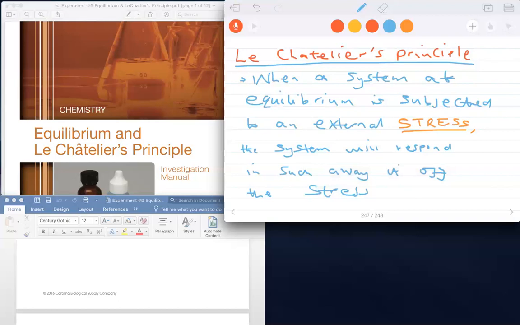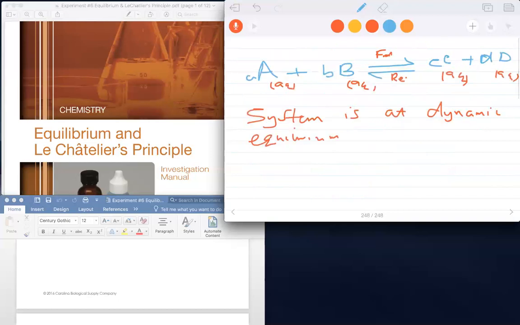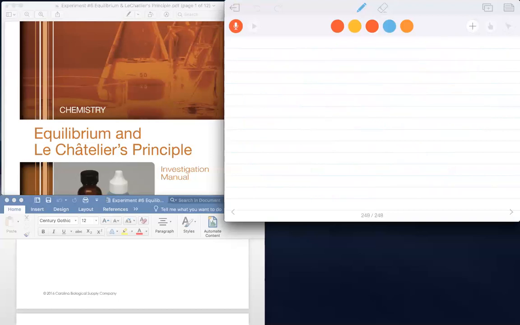Right here, I'll write the stresses you should be able to identify in a problem. Not the stress we normally go through when we're stressed out, but the stress here. I'm going to break it down to about 7 or 8.